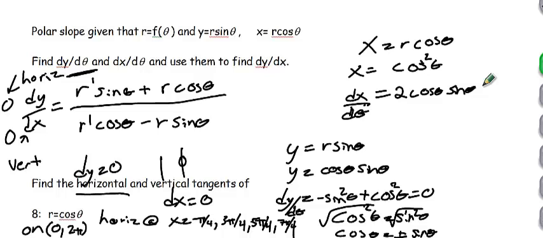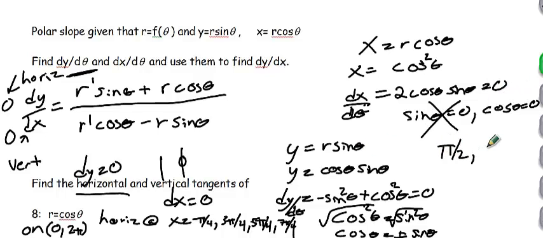And we're setting this equal to 0. Well, this equals 0 when sine equals 0 and cosine theta equals 0. Well, sine theta equals 0 at 0 and pi, but we're not counting those, so this really doesn't give us much. Cosine theta equals 0 at pi over 2 and 3 pi over 2.